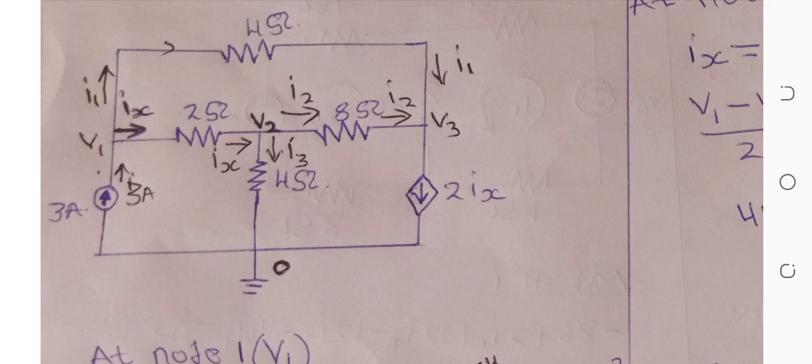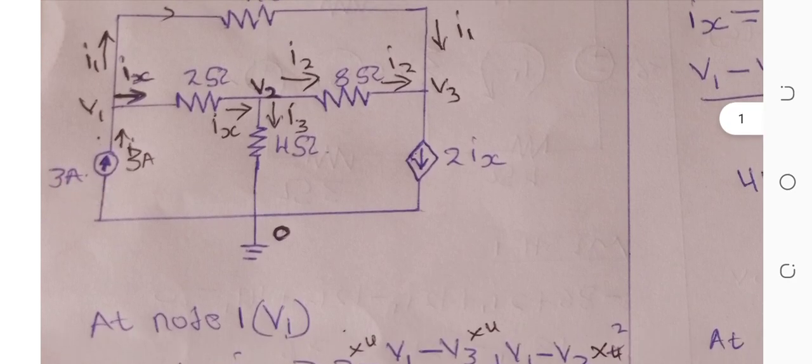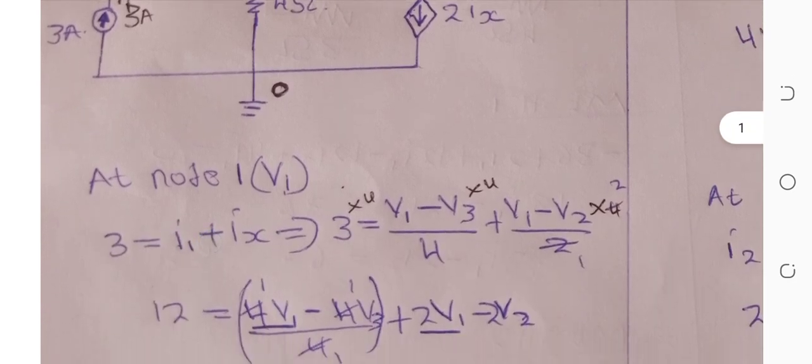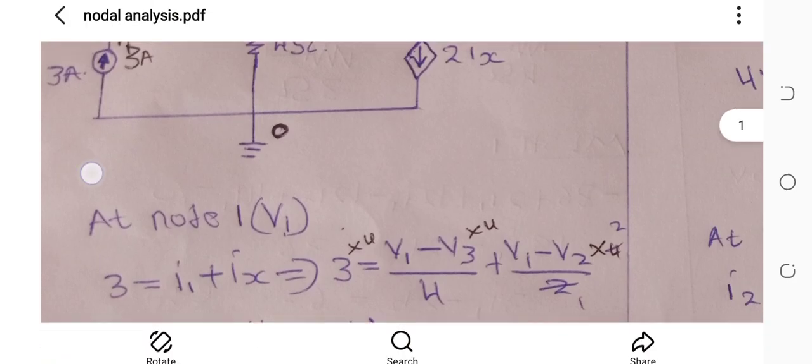So at node 1, we can say 3 is equal to I1 plus Ix, which gives us this equation. That is 3 is equal to I1 plus Ix. This is KCL, Kirchhoff's current law.